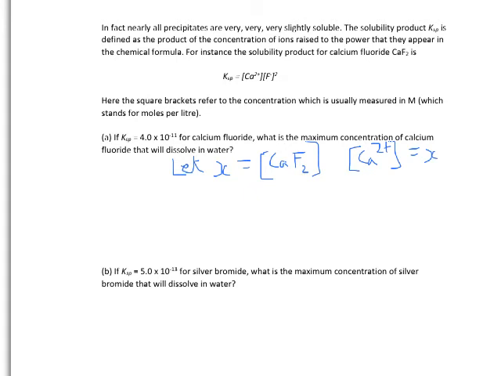So for every one calcium fluoride unit that dissolves, we produce one calcium ion, but we produce two fluoride ions. So the concentration of F- is equal to 2X, because for one of these we produce two of these, because it's CaF2. We therefore know that 4.0 times 10 to the negative 11, which is a very, very tiny number using scientific notation, is equal to X times (2X) squared.